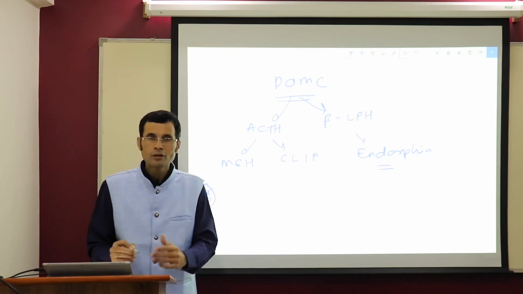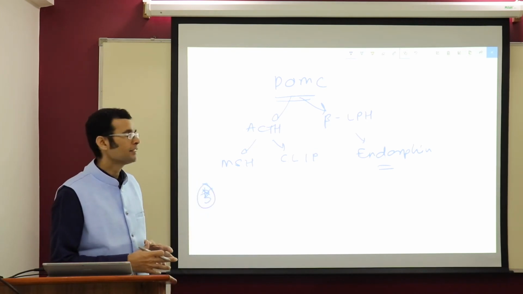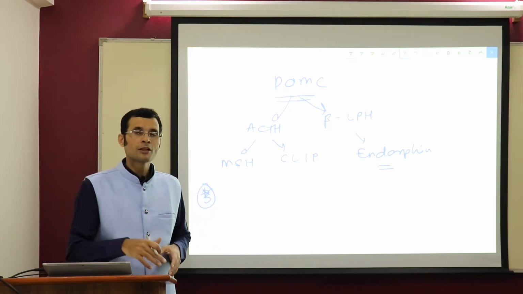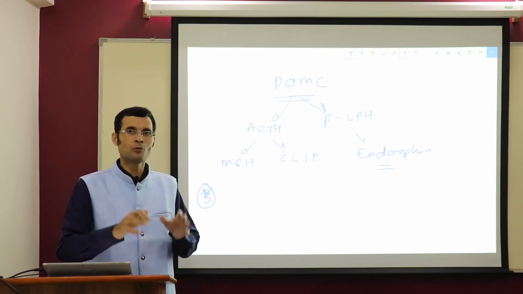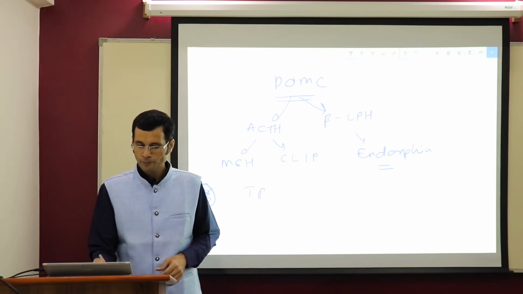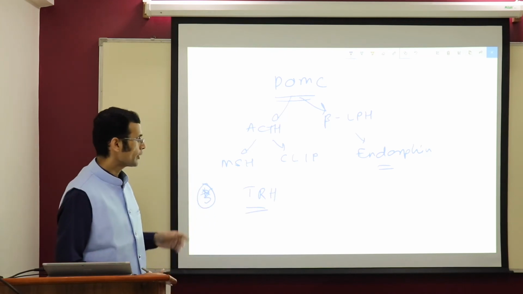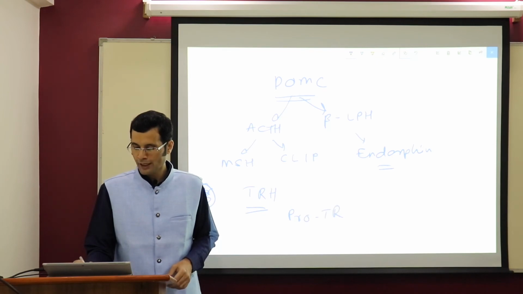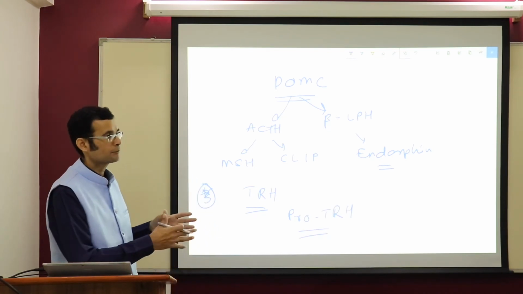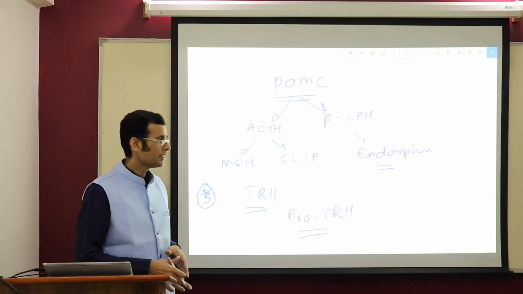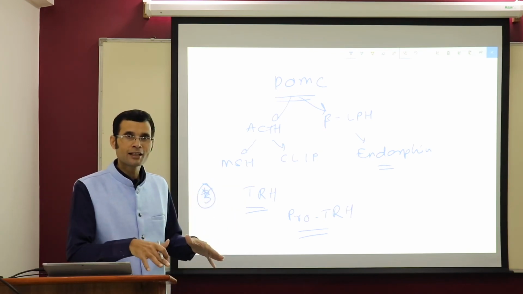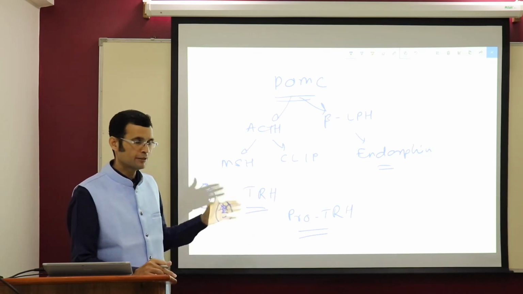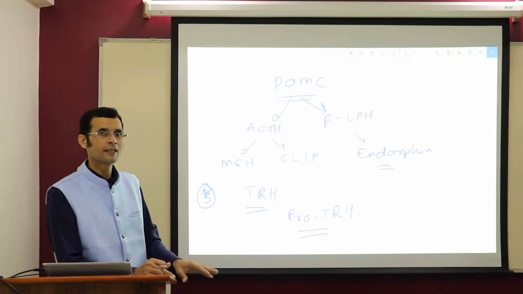There is one more variety that can be seen in the case of protein hormones. One precursor forms multiple copies of the same hormone. Example, TRH, thyrotropin releasing hormone. It's synthesized as pro-TRH, a large polypeptide precursor, and then from its proteolytic cleavage, 6 copies of TRH will be synthesized. So, multiple copies of the same hormone.